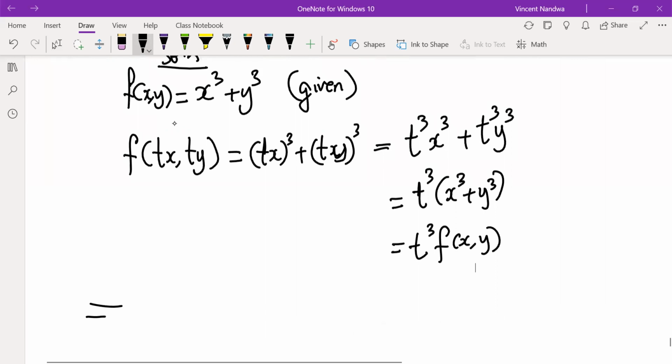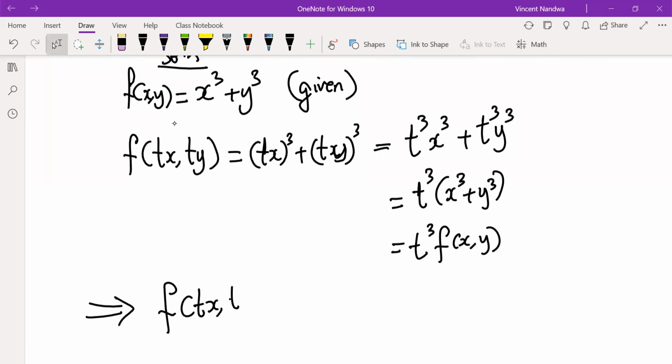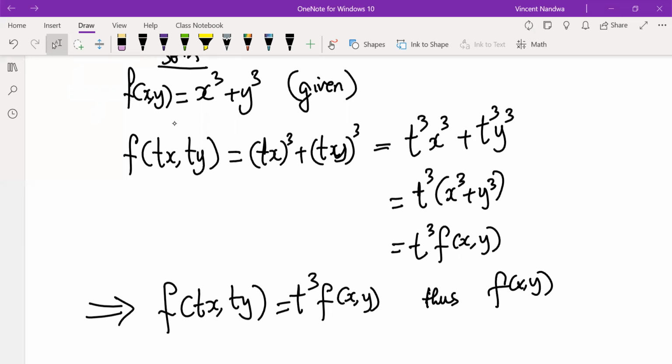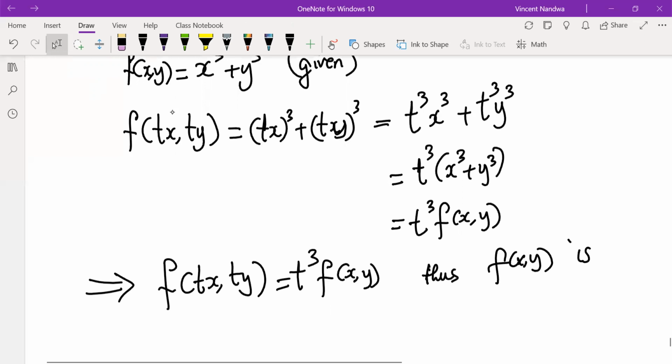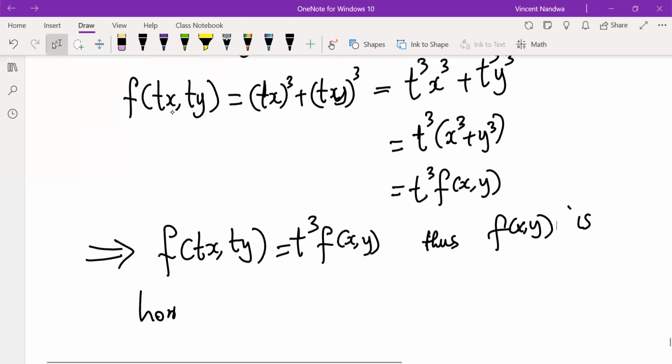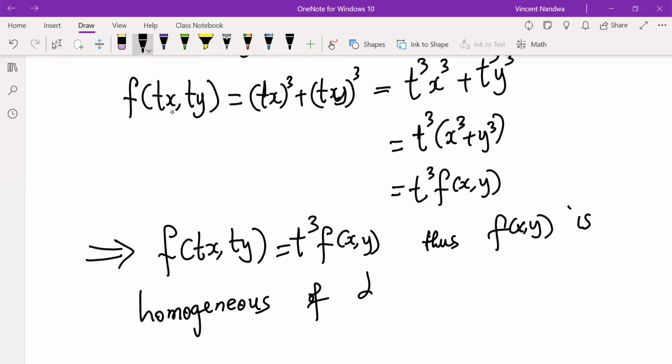So which implies that f of tx comma ty is t power 3 f of xy. So f of xy is homogeneous of degree 3, for the power of t is 3.